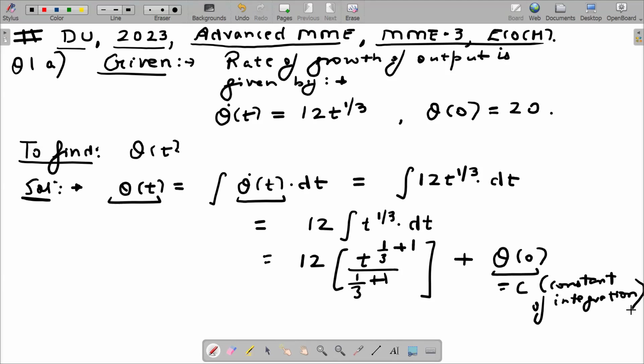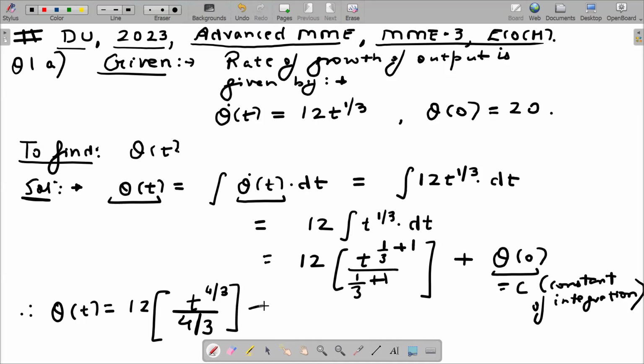If I further solve this, therefore Q of t is going to be 12 times t to the power 4 by 3 over 4 by 3, plus Q of 0. Q of 0 is 20.